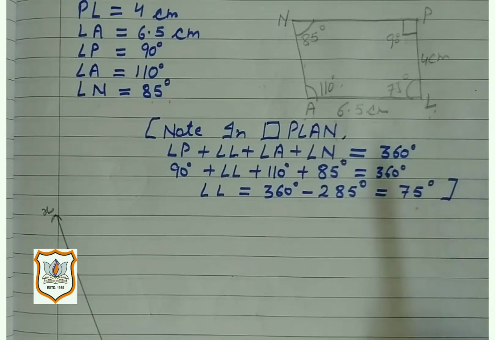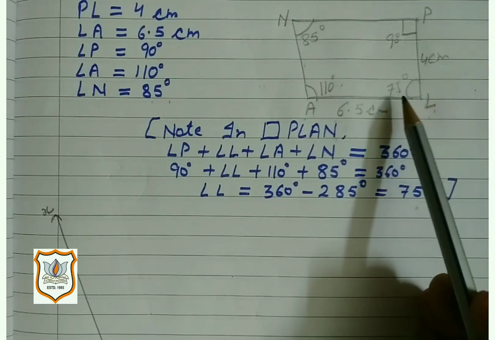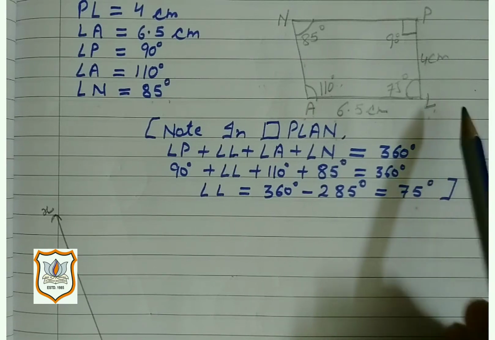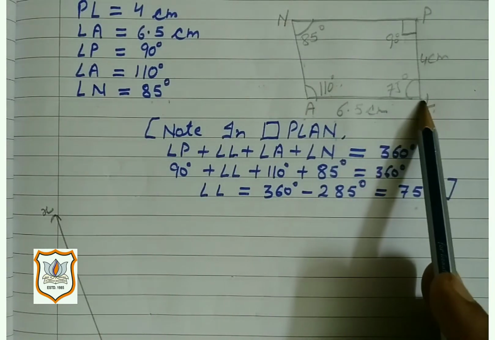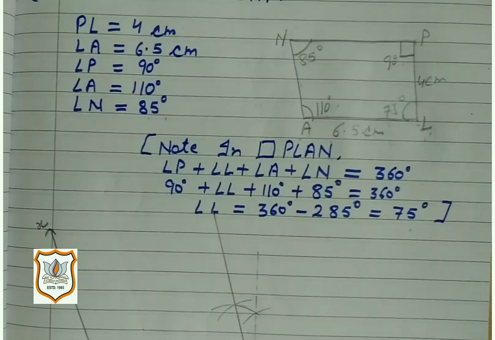Students, you can see in the rough sketch, angle L is 75 degrees. So we will construct a 75 degree angle at point L. Students, you can see here, I constructed a 75 degree angle at point L.